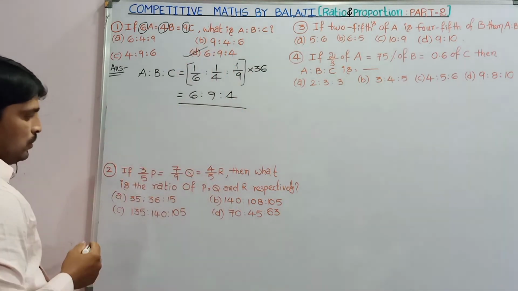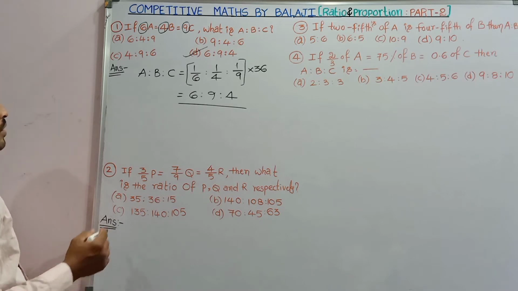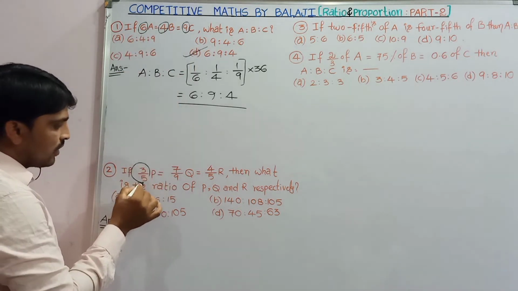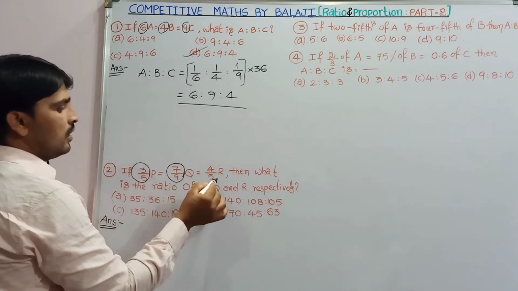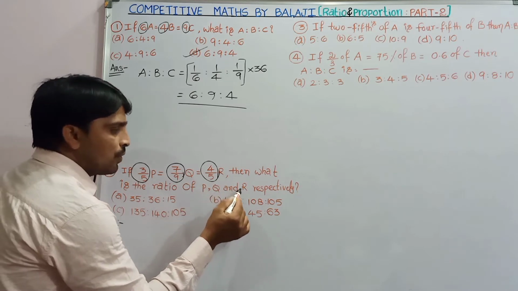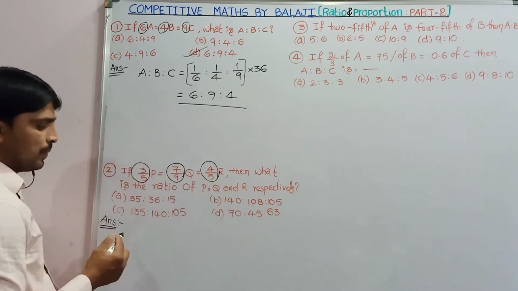So second question. Here the coefficients are integers, but here coefficients are rational fractions. So we have to find the ratio of P, Q and R respectively.